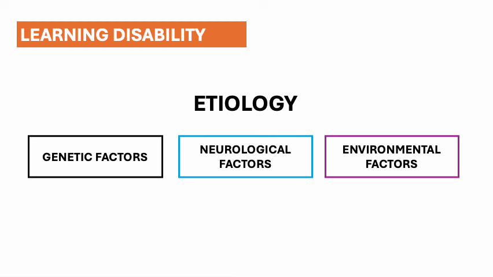Exposure to toxins during pregnancy, premature birth, low birth weight, early illnesses, head injuries, or even limited access to quality education and healthcare can all play a part. So it's really a combination of factors working together, which is why every learner's profile is unique.